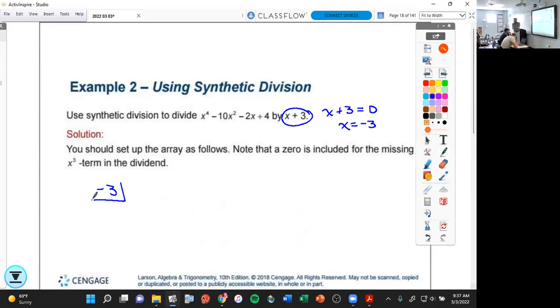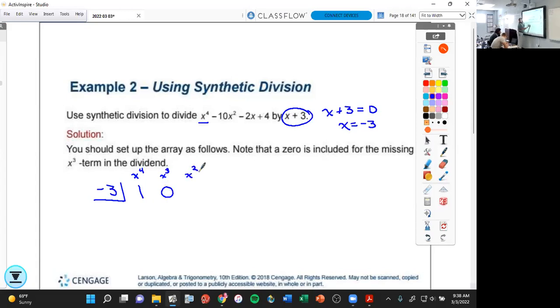In order from highest degree to the constant, what are the coefficients? My highest term is x to the 4th. What is the coefficient? 1. Counting down from x to the 4th, and normally I'm not going to write this part down, but I'm just showing you what's going on here. The next term would be x cubed. How many x cubes do I have? None. How many x squares do I have?